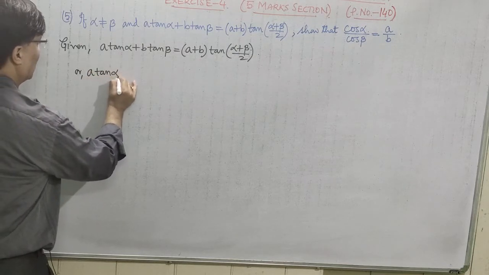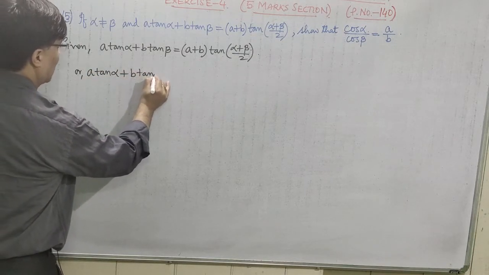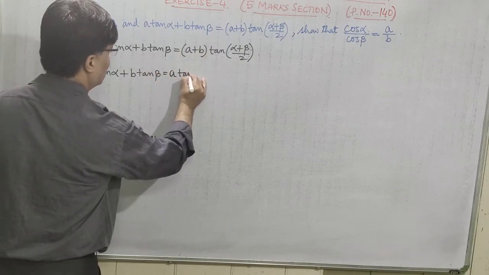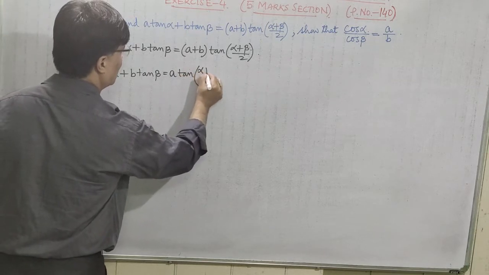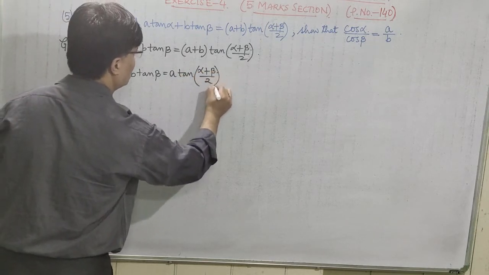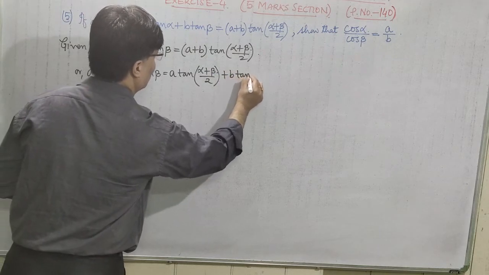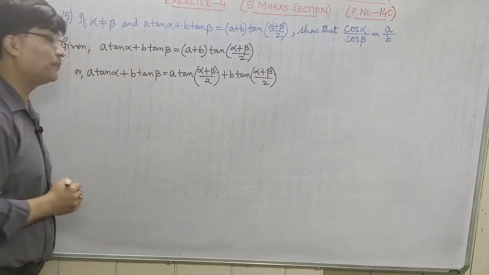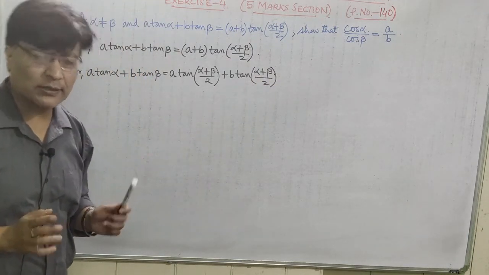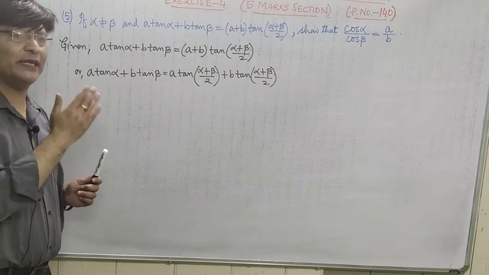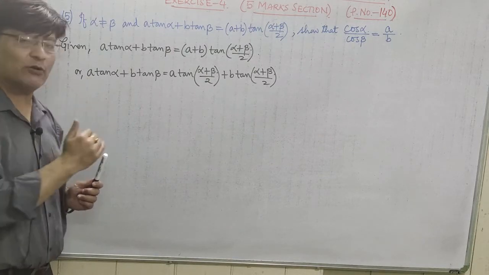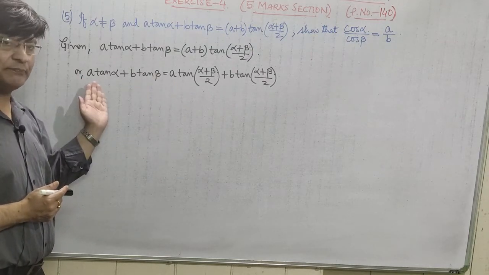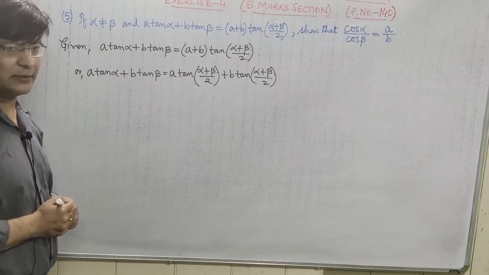Okay, so now let us simplify it first. a tan alpha plus b tan beta is equal to, let us multiply it, a into tan of alpha plus beta by 2 plus b tan of, within bracket, alpha plus beta by 2. So I think you have understood it. Now since you have to prove in terms of a by b, that is cos alpha by cos beta is equal to a by b, let us keep the terms containing a on the left hand side and b on the right hand side.